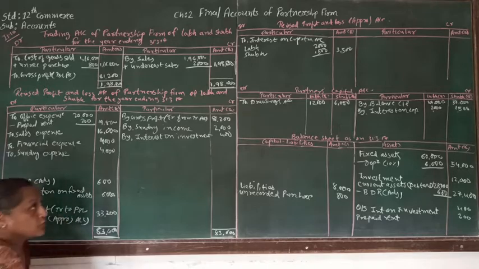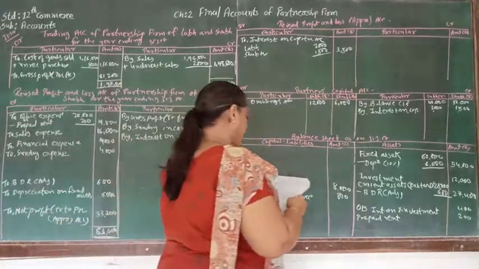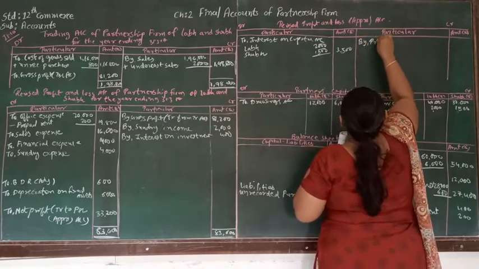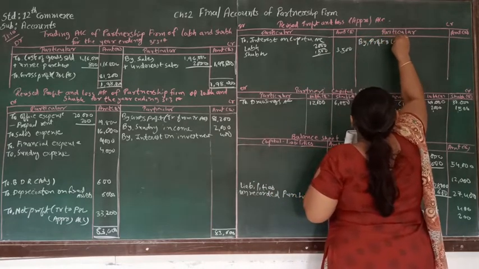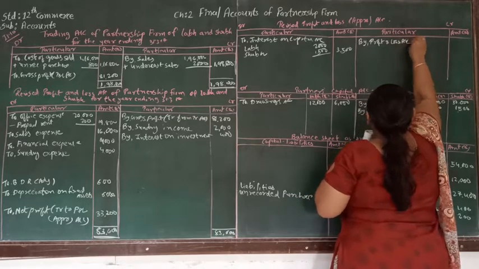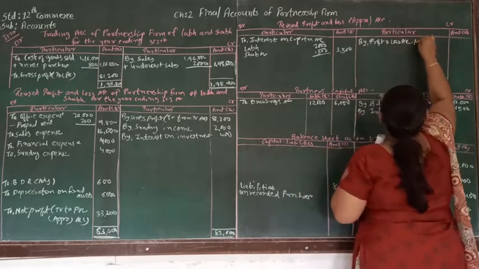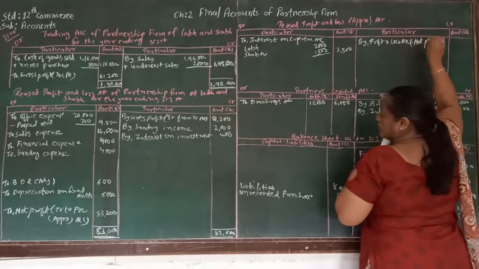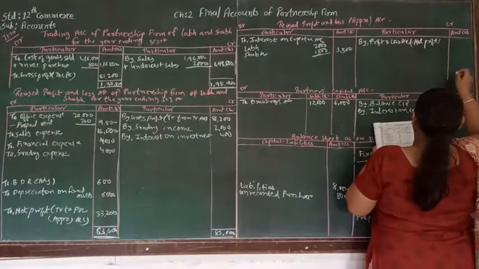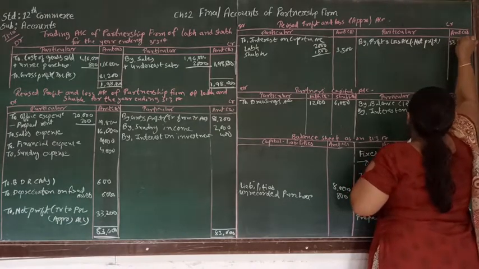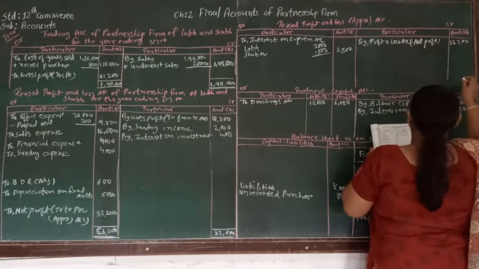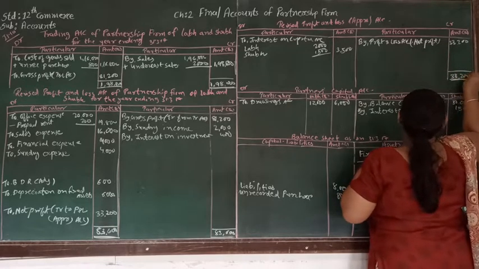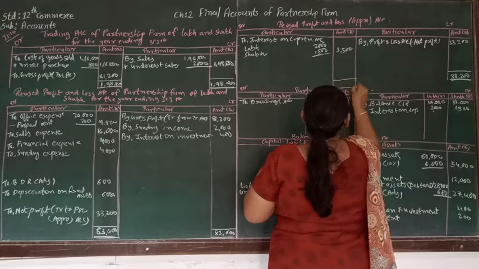So this is on the credit side of the appropriation account, by profit and loss account. That is called net profit. So here that will be 33,200. Now let's make the total, 33,200.